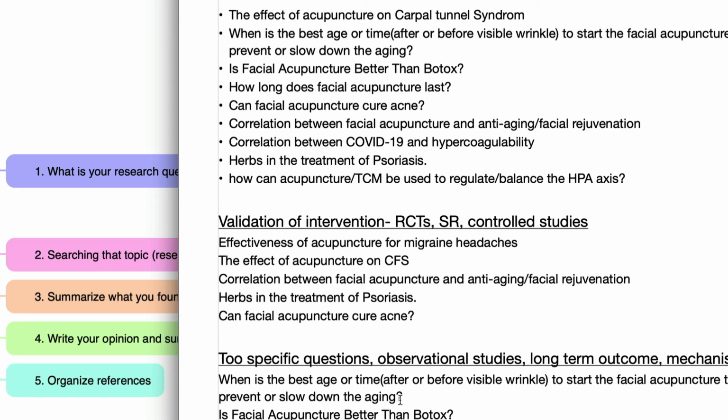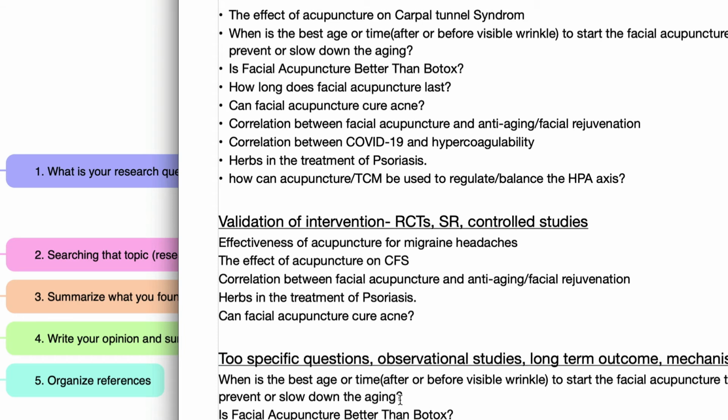So that is too general. Can aspirin prevent cardiac or cerebral vascular disease? That might be a better research question. So the perfect research question is not that specific but not that general.